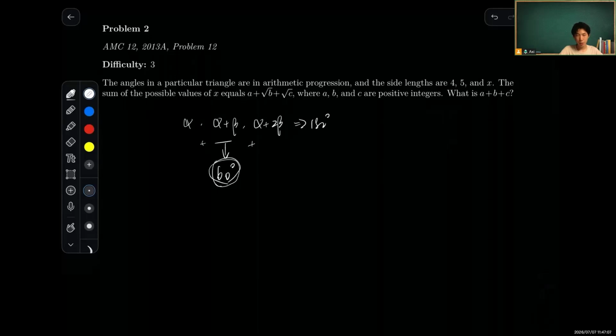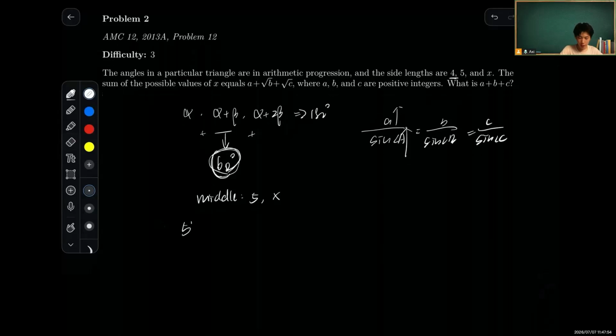Using the law of sines, we can derive that if an angle is big, suppose A is the biggest angle, then small a must be the largest length. So the 60 degrees angle here corresponds to the length that is in the middle. Of course, 4 cannot be the middle length, so the middle length can be either 5 or x. We can plug in the law of cosines to solve. We get two possible equations.